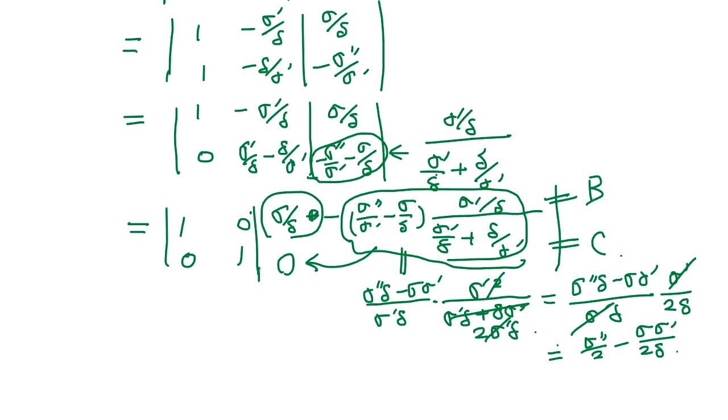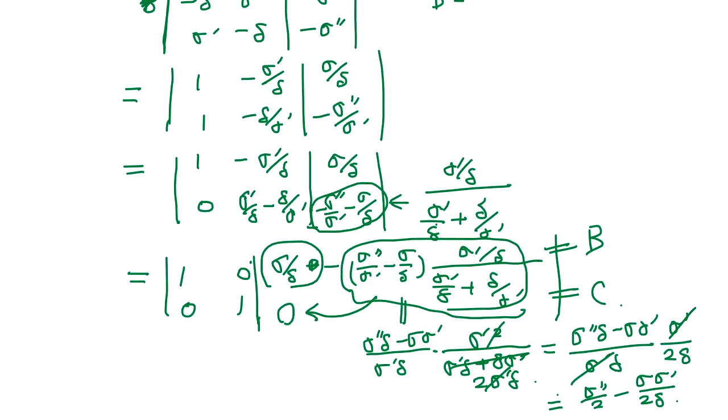So the B is going to be sigma over delta minus sigma double prime 2 minus sigma double prime single prime to delta. We still need this delta and delta squared.